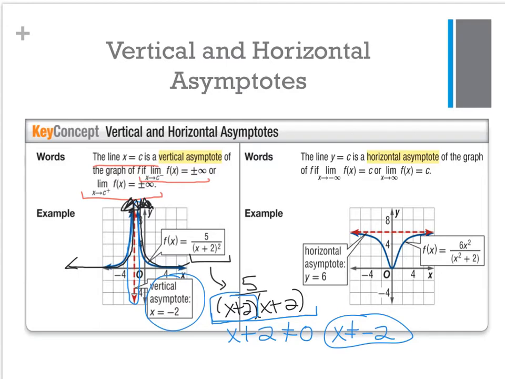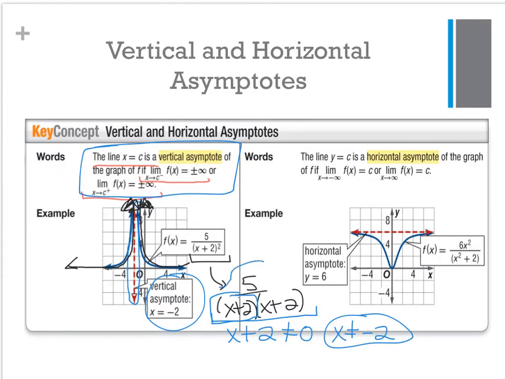So the definition we have up here in words is that if the end behavior is infinite, either approaching positive or negative infinity from the left of an x value or from the right side of an x value, then you have a vertical asymptote.